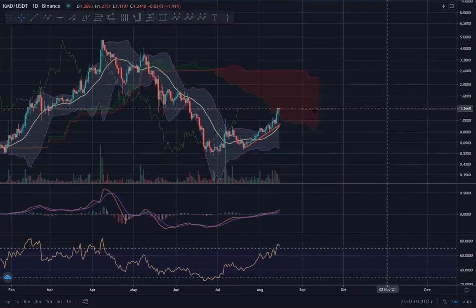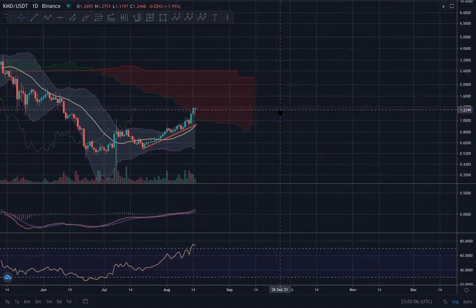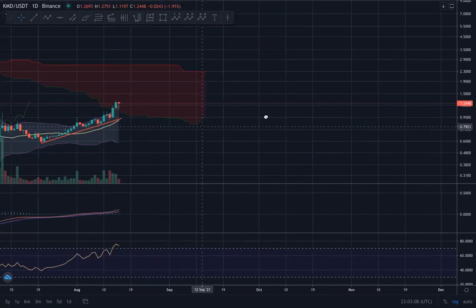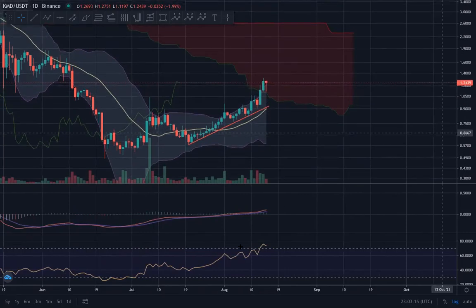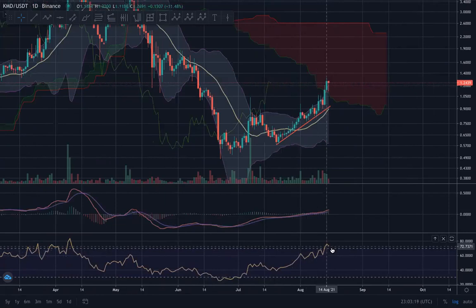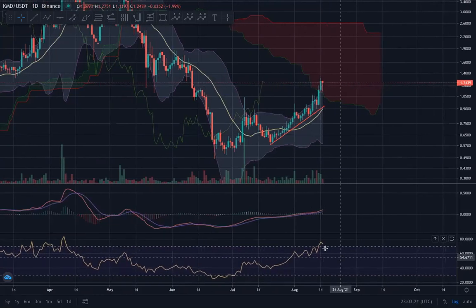It is holding strongly within this cloud, and that's what we were looking for. Actually, I think it was this one I was taking a peek at before, because I remember this RSI formation here. Now we're finally in the overbought territory. So let's see what happens.